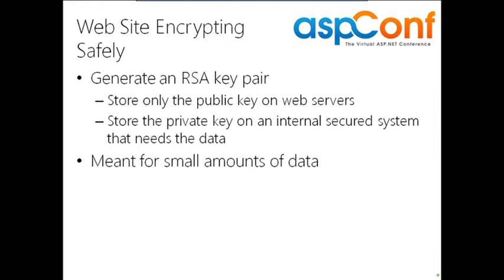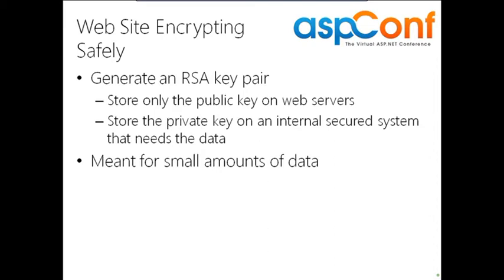If I generate an RSA key pair, now I've got a public and a private, and I'll store the public on my web server. I'll put it in my web config, I'll put it in my code, it doesn't matter. If somebody found this, there's no real risk to me because the public key is something I would normally let people see. Once I get the credit card number and encrypt it, the only person who can decrypt it now is whoever stores that private key.